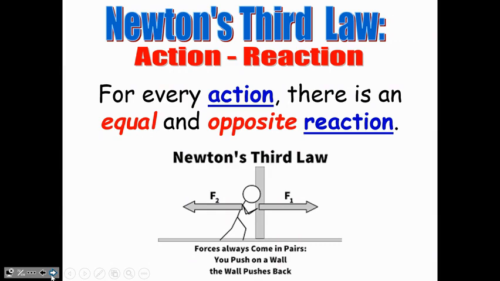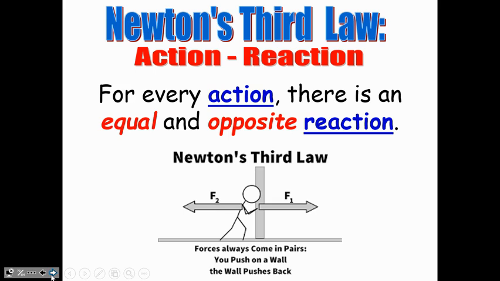So this is what Newton meant with his third law: every action has an equal and opposite reaction. We can define this more in physics by talking about action-reaction forces. For every action force, there is a reaction force that is equal in size but opposite in direction.